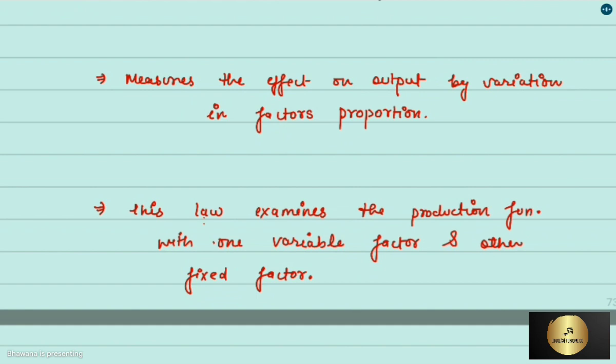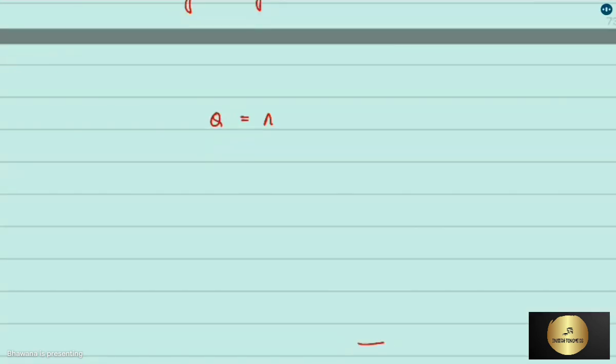Okay, so we can write our output function Q. We'll take the Cobb-Douglas production function: Q = A L^alpha K^beta. So we have two inputs, labor and capital, with exponents alpha and beta. In the short run, the capital input is fixed. It's a short run production function.